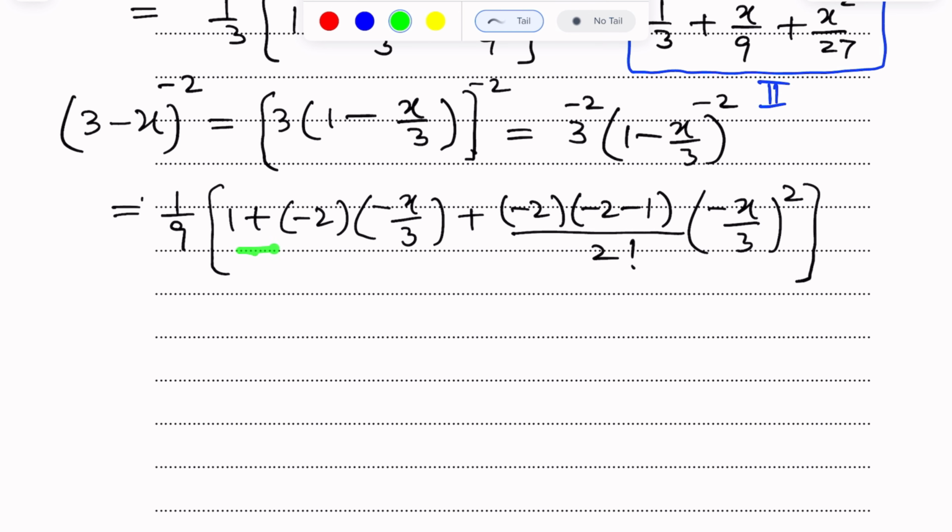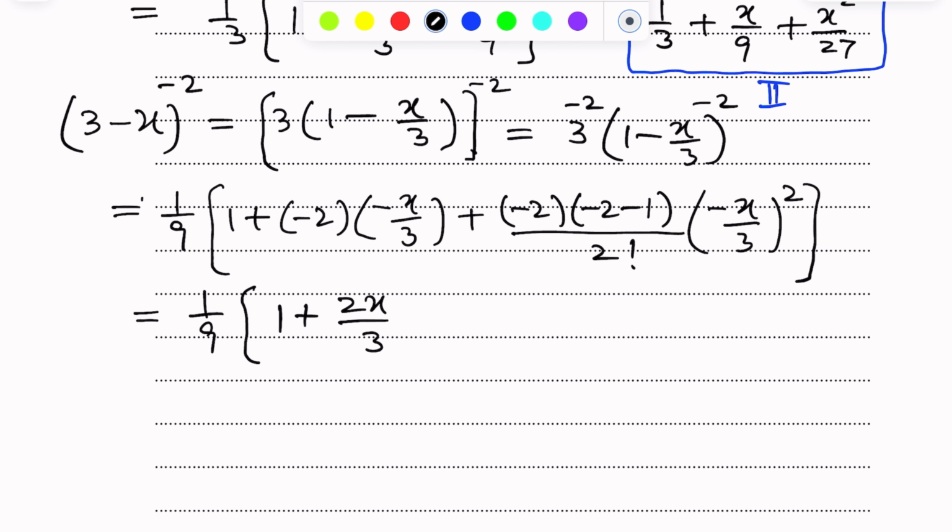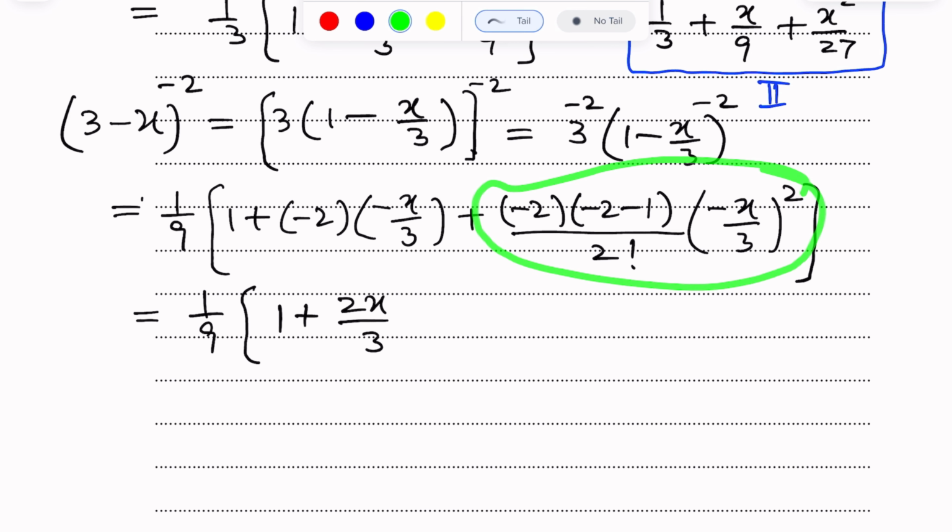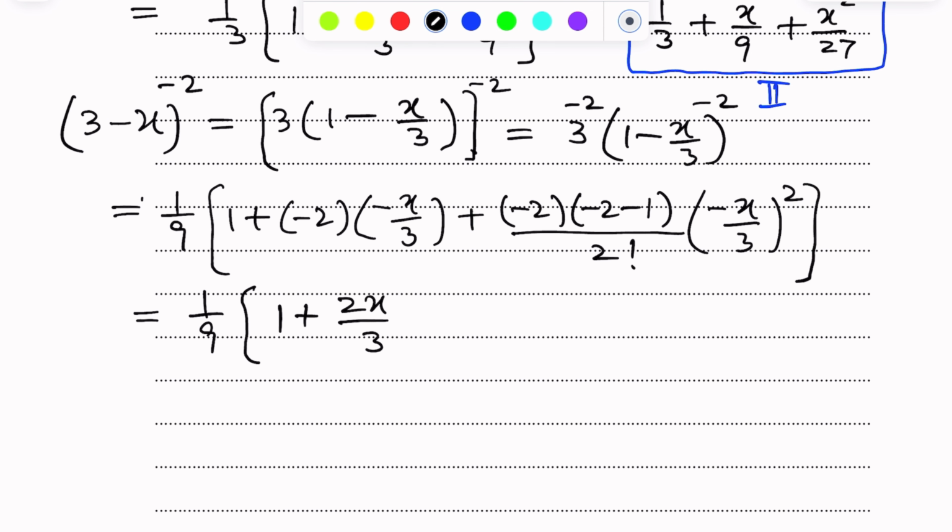Now simplifying these terms, 1 over 9, first term is 1, second after simplifying we get 2x over 3, third term we get 3x square over 9.